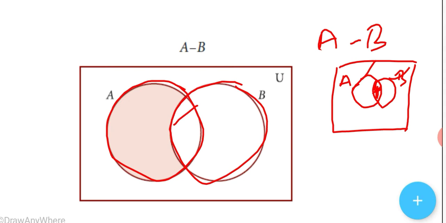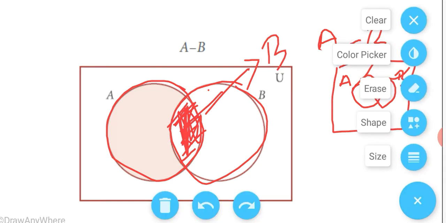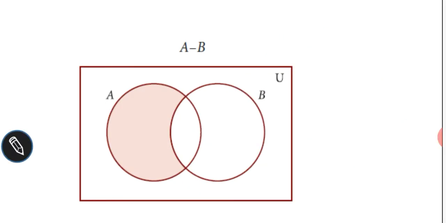If we shade here, this region will also cover B, so we should not shade this region. So A minus B means only A. We should not shade B.